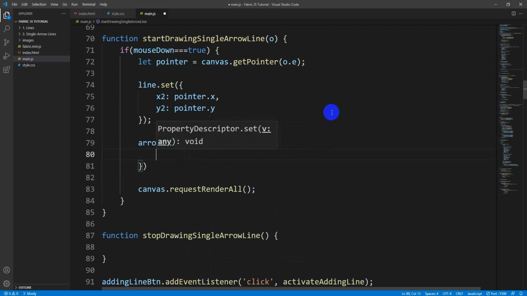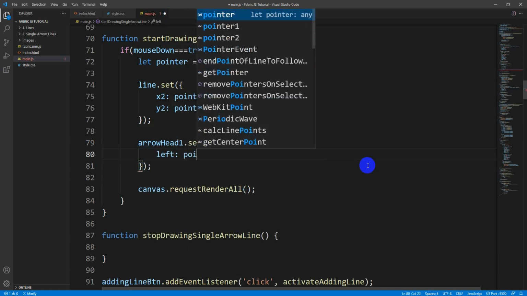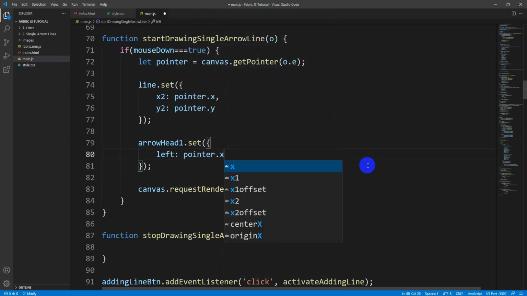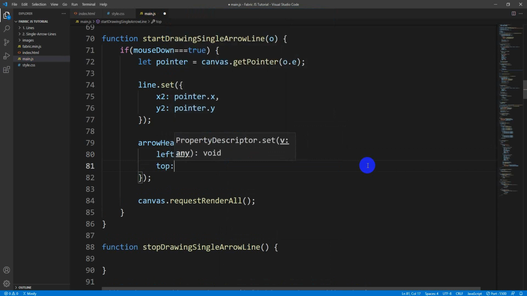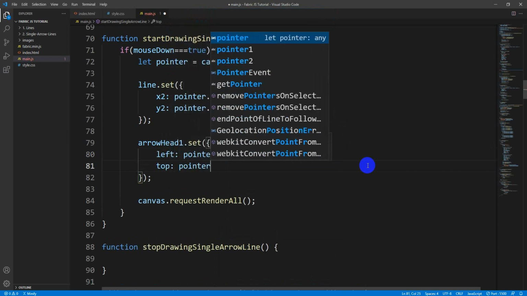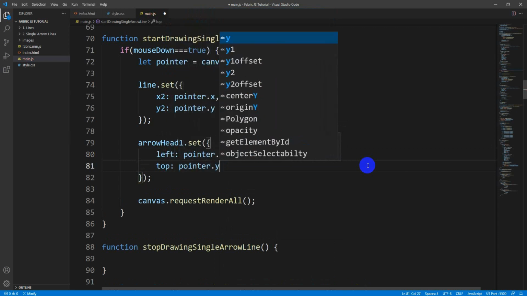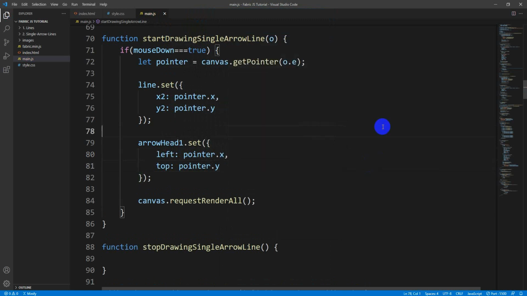Since the arrowhead is actually a polygon, there's no x2 and y2. Instead, we need to put the left position. The left position would be pointer.x and the top position would be pointer.y. So over here the line and the arrowhead will be set to wherever I move the cursor.